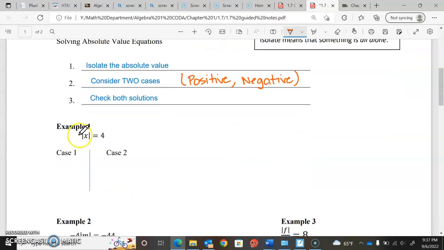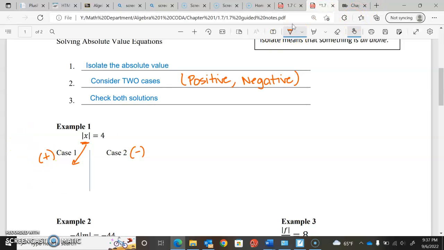So example 1, the absolute value of x equals 4. You can think about this on the number line like we did before, or think about our 3 steps. First we need to isolate the absolute value, which is already isolated on the left. So then you just have to think about your two different cases, your positive case and your negative case.